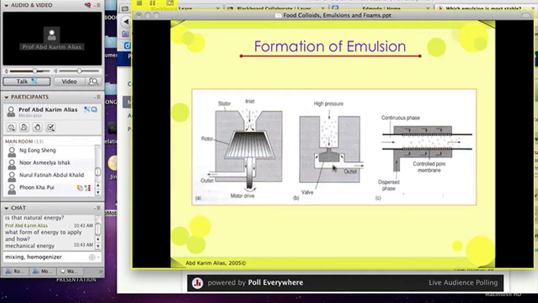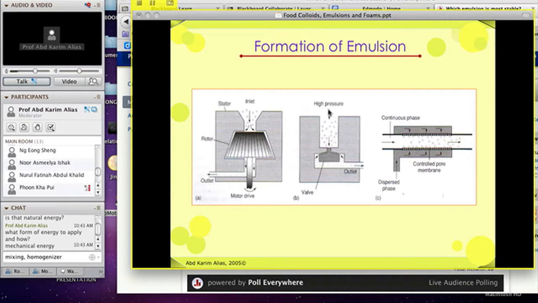For industrial homogenizers, there are a few types, but the principles are the same. What you need in this kind of instrument is to apply very high pressure. For example, in this case we have a valve with a small gap.